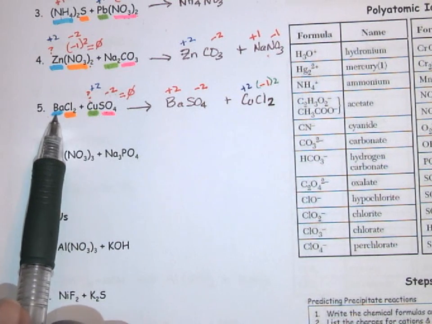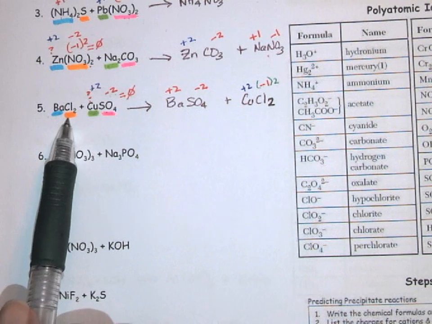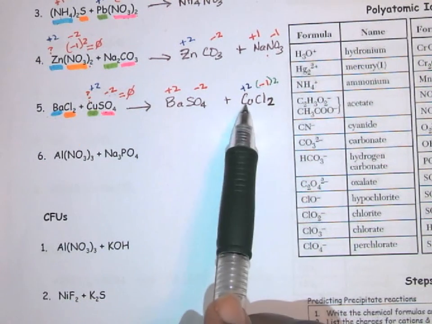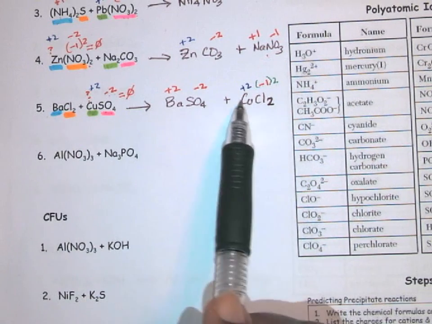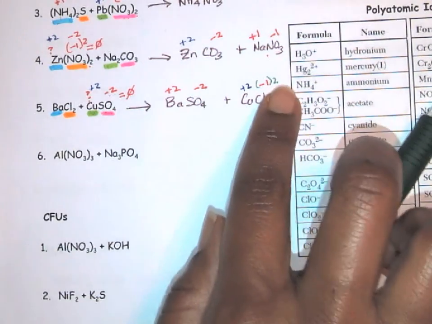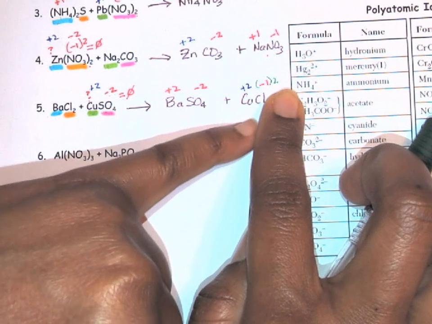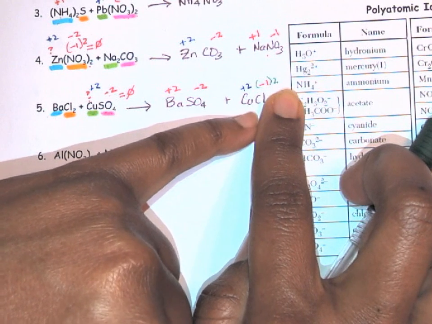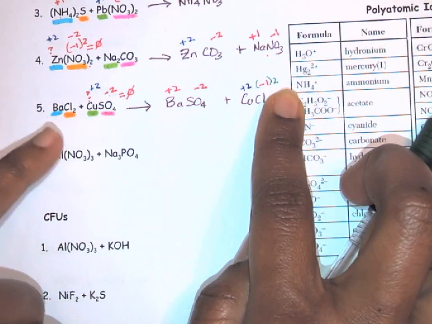A couple of things are important about this example. One, when we formed our product by switching our cations and anions for copper chloride, we didn't write CuCl2 right away. We just wrote CuCl, because we don't know yet how many chlorines we need. It could be 2, it could be 3, it could be 1. We have to figure that out.